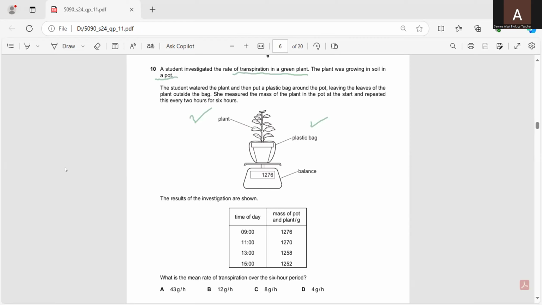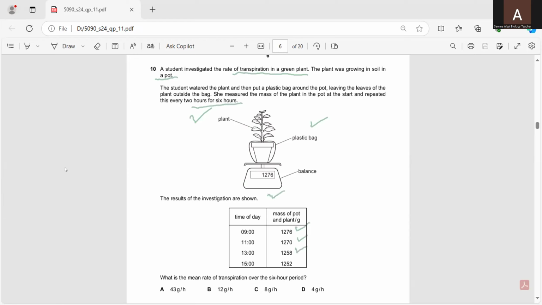She measured the mass of the plant in the pot at the start and repeated this every 2 hours for 6 hours. The results of the investigation are shown. At 9 o'clock, it was 1276. At 11 o'clock, it was 1270. At 13, or 1 o'clock, it was 1258.